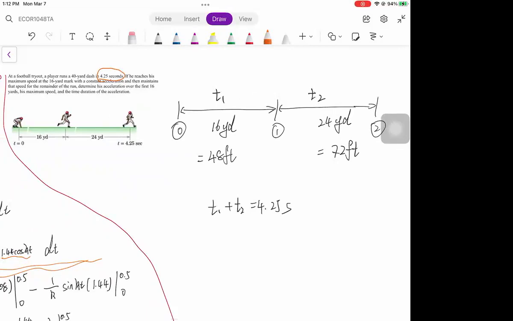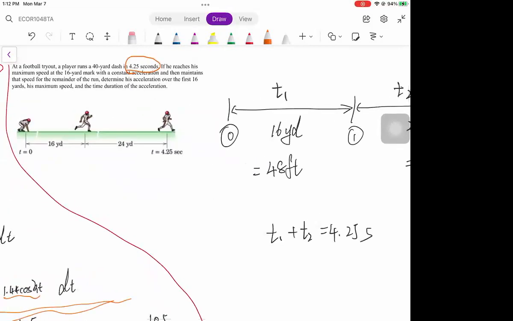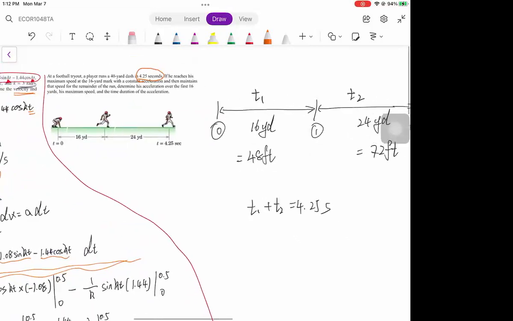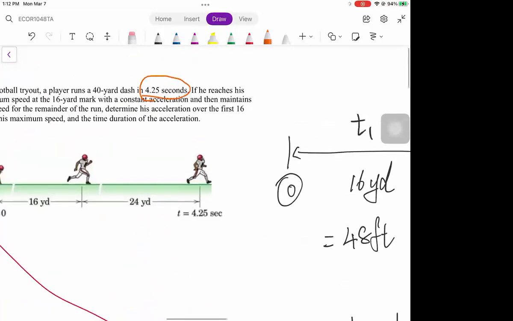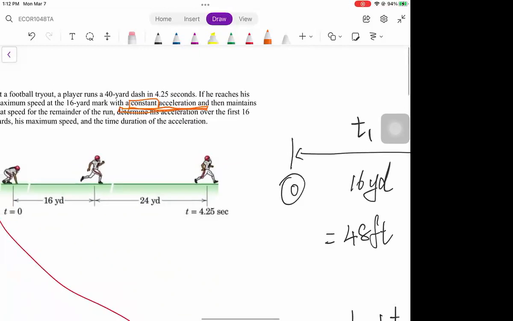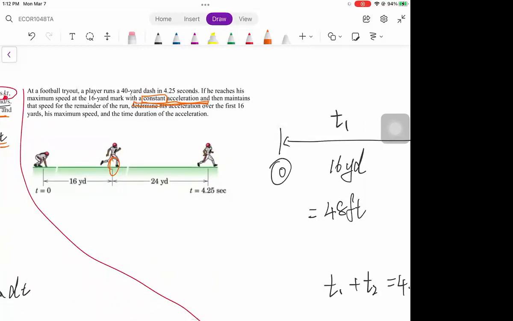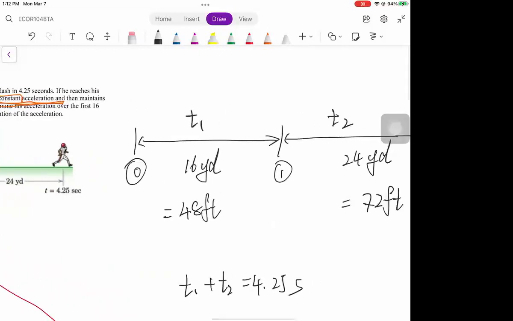From the question, we know the acceleration is a constant. So that is very important. It means we can use the easy equations from high school. And it's going to reach the fastest speed here. So let's say the velocity at that point is just v.